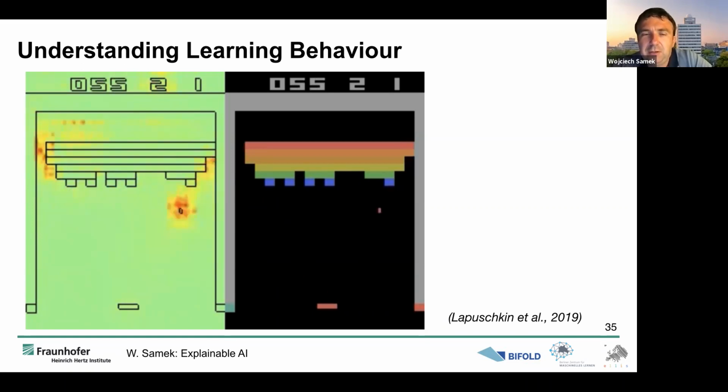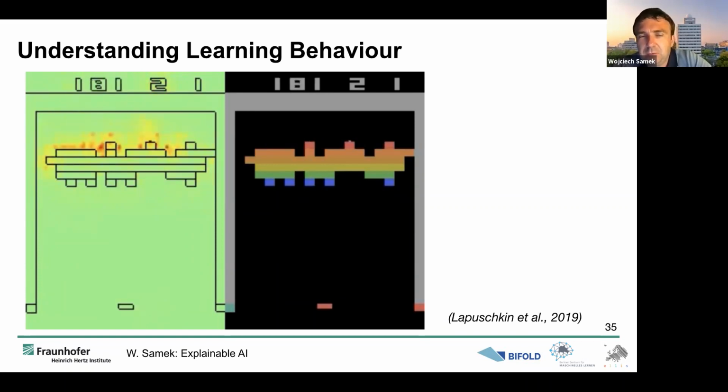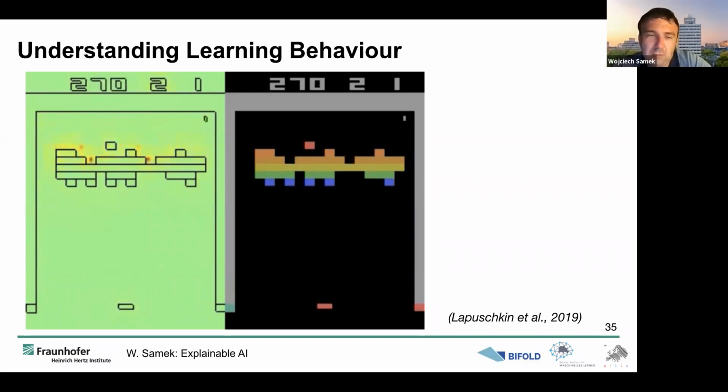So the model learned a very clever strategy to play this game, to build this tunnel and play the ball and make a lot of points without risking to lose the ball. A very clever strategy. And you could observe the intention of the model beforehand.